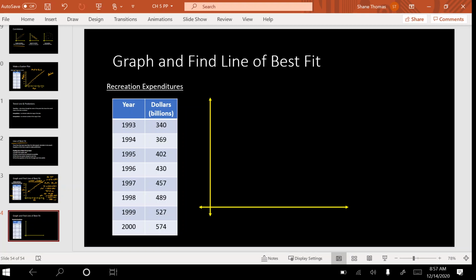Use those. And then on the other side, whatever you find good, if you want to go by hundreds for the dollars.